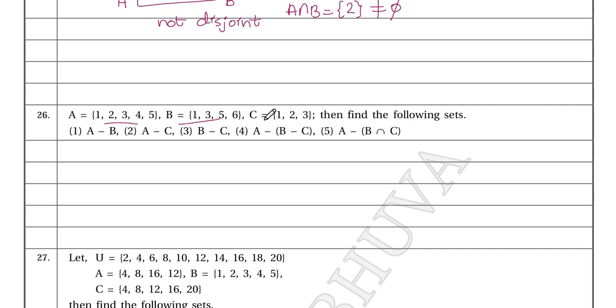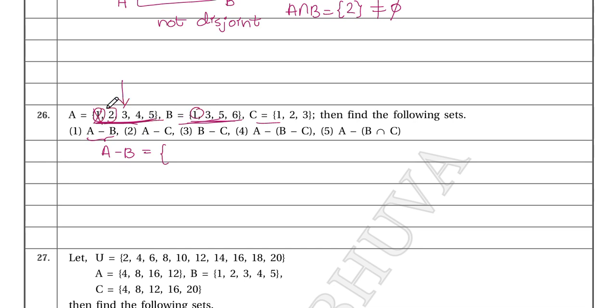Okay. Look at the next question. A is given, B is given, C is given. What do we have to find out first? A minus B. Okay, A difference B. That means look at the elements of A and look at the elements of B. We have to write down only the elements of A which are not there in B. So for A difference B: here 1 is there, here also 1 is there, so we don't have to write it down.